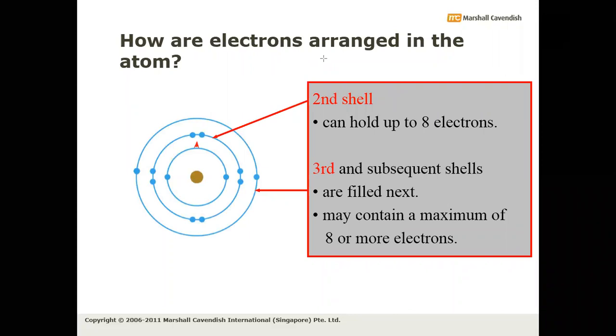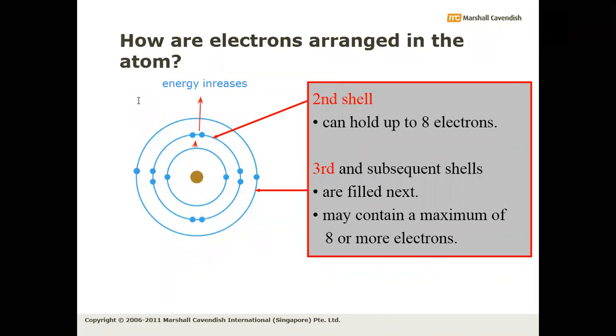So as you go away from the nucleus, the energy of the shell increases. So the lowest energy shell is the first shell. Then higher is the second shell, and further higher is the third. As you go away from the nucleus, the energy of the shells increases.